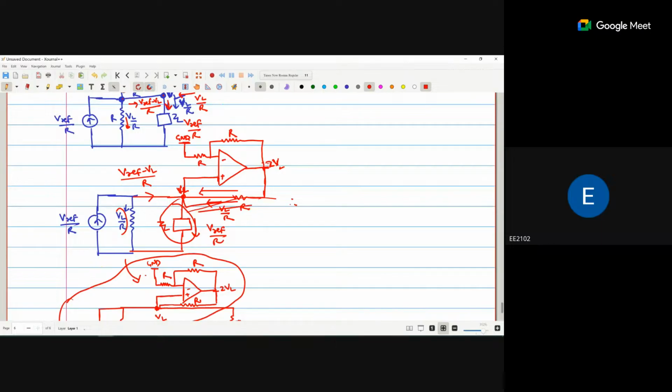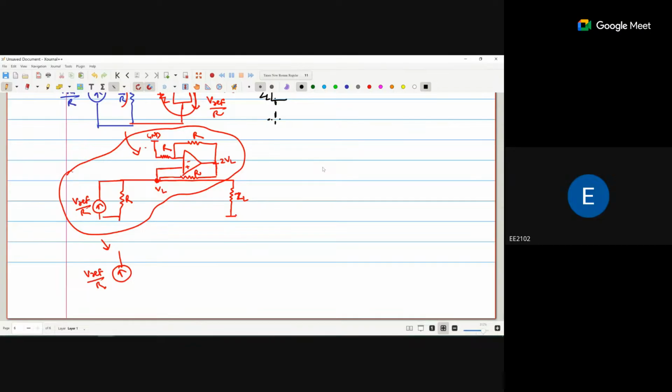I just remove this ZL from here and shift a long path and ZL here. Yes, I can do that because ZL is connected to this point. I am using this wire along. So I just use this one.